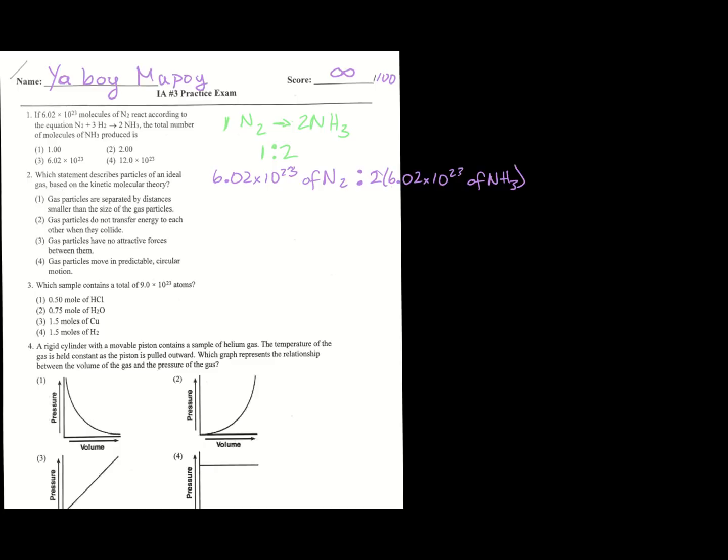Number 2, which statement describes particles of an ideal gas based on the kinetic molecular theory? So we gotta think properties of an ideal gas. So some things about ideal gases is that they move very randomly. So there's random movement.